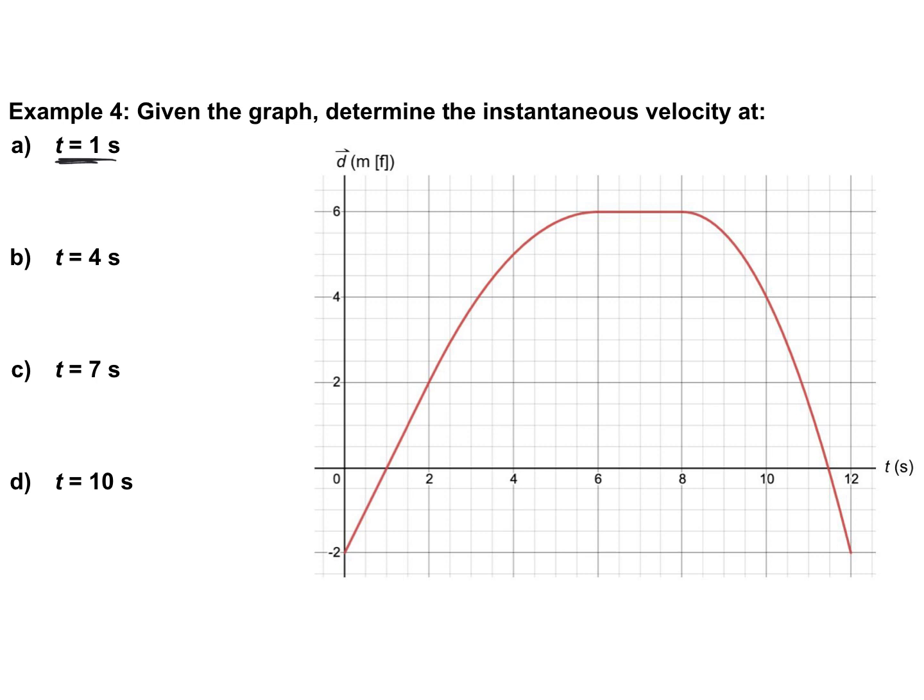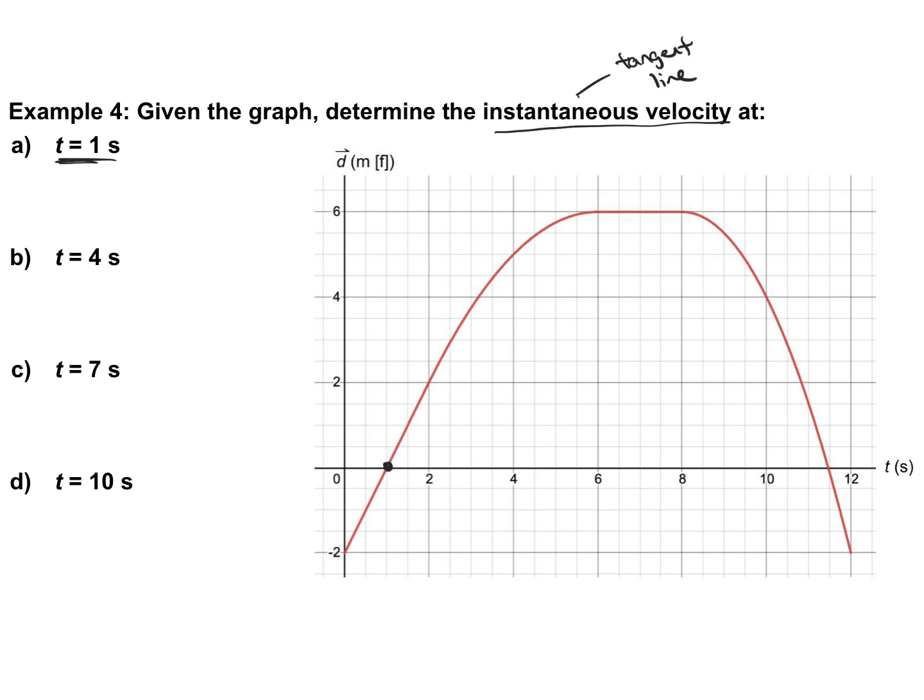First, I'm going to draw my point at the 1 second mark. And to find the instantaneous anything from a graph, we're going to draw a tangent line. I need to draw a line that touches the point, and the slope of the line has to match the instantaneous steepness of the graph.